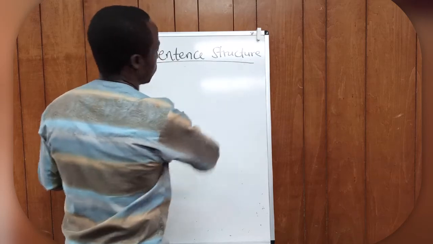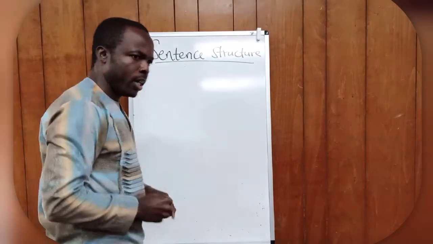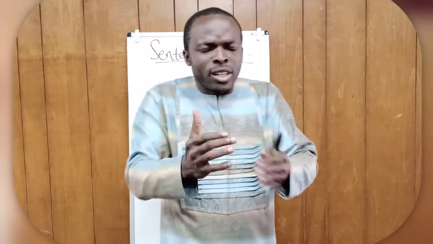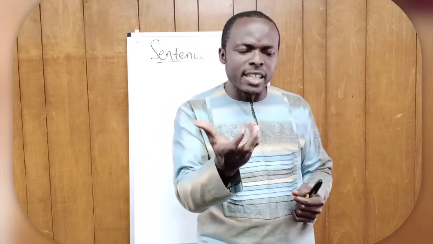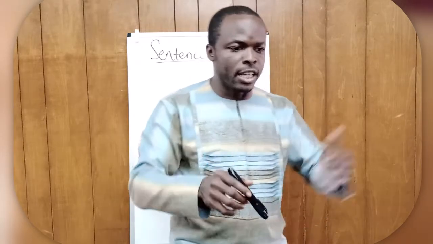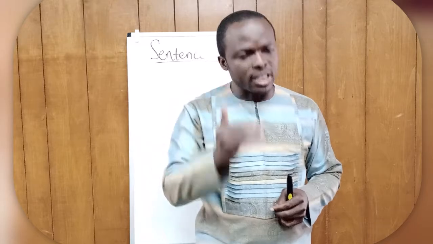Sentence structure. It is important we note that the student has to grasp the basic difference between the Greek sentence structure and the English sentence structure. Because in English, word order is of significant importance because it's an indicator of the noun functions in a sentence.